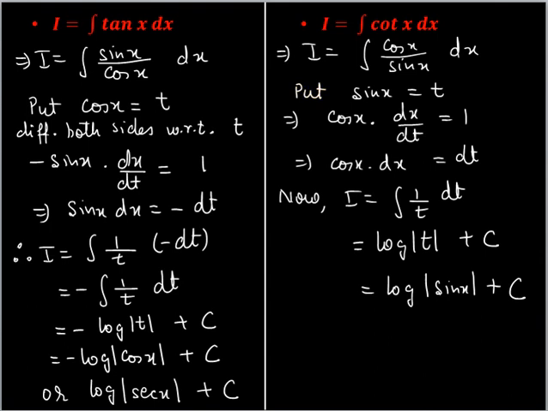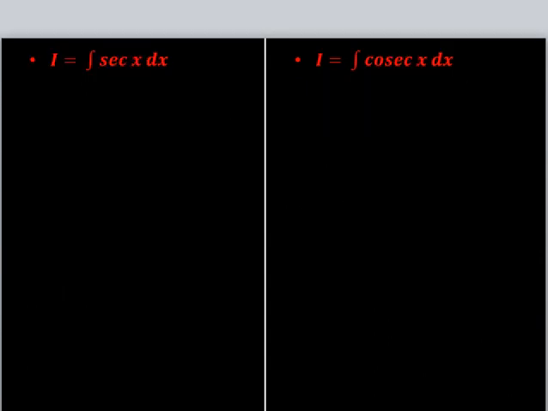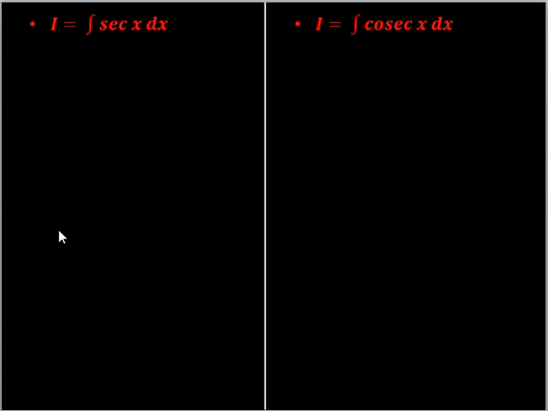Now in the same manner, let us evaluate the integral of sec x and cosec x. We don't know which function has the derivative sec x, so we are not able to write directly the integral of sec x. So we will do some simplification here, some multiplication and division, so that we are able to use substitution and hence integrate it.